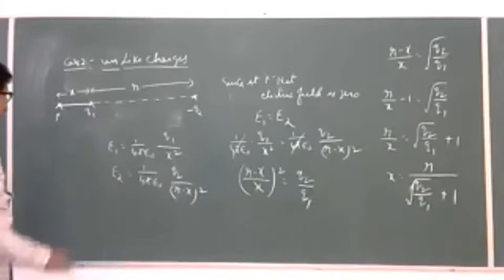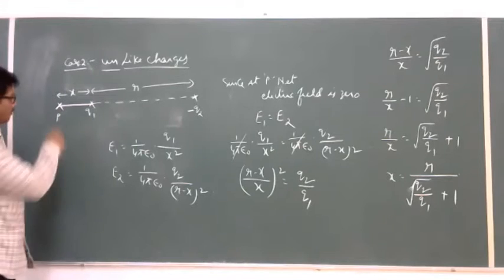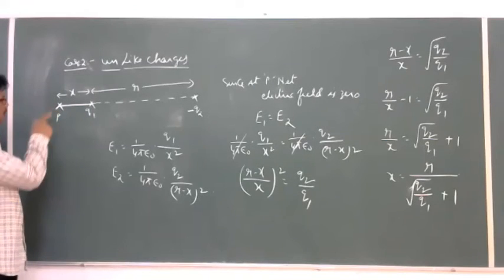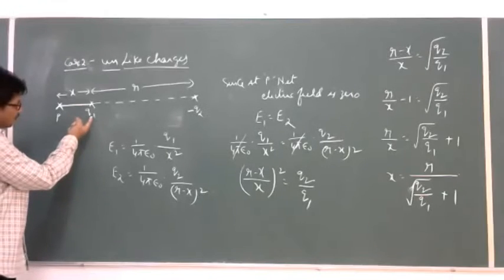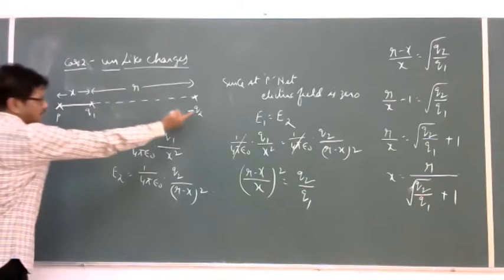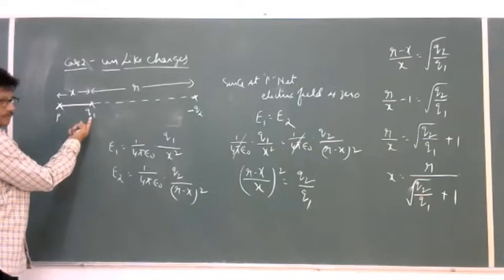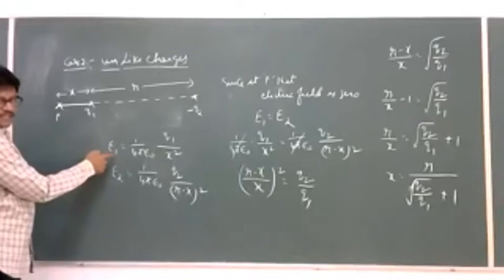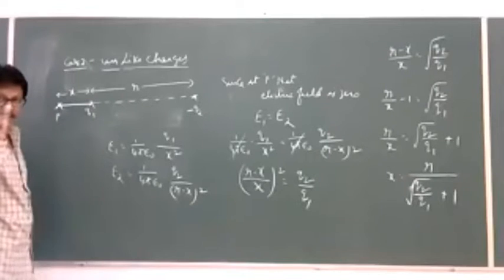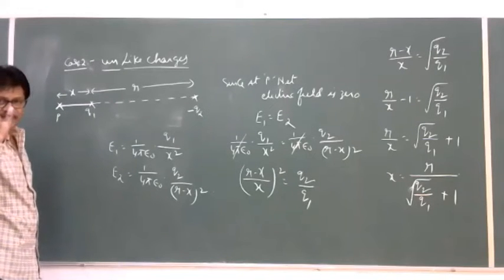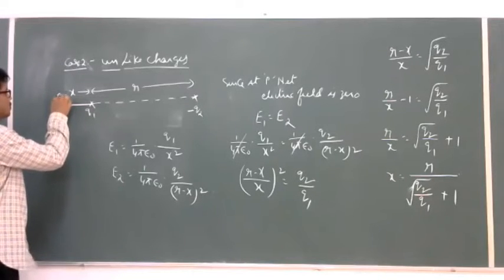Now, how many electric intensities will act at the point P? Two electric intensities: one because of Q1, the other because of minus Q2. Because of Q1, the electric intensity is E1. Again, to get the direction of the electric field, we need to imagine one unit positive charge.